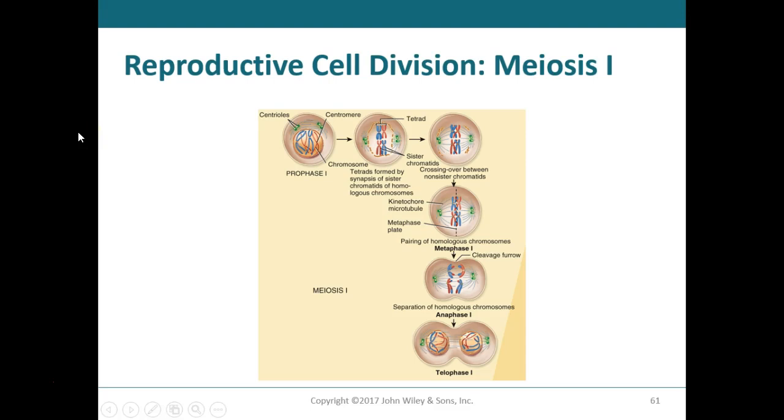The second type of cell division, and we are going to cover this one very, very lightly, is called meiosis. Remember when we began talking about cell division a few minutes ago, I mentioned the two types of cell division, with mitosis creating two genetically identical daughter cells. Well, meiosis is the process where we create sperm cells and egg cells.